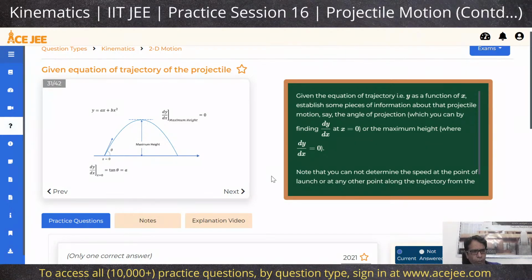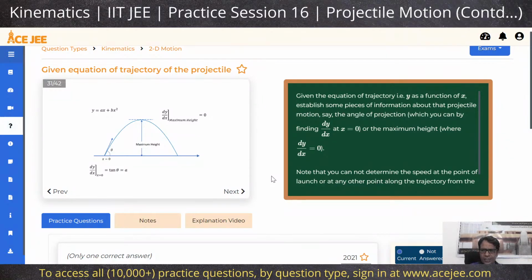Yes, sir. Okay, good. So now you might be given the equation of the trajectory and you might be asked to find the initial velocity, the maximum height, range, and whatnot. So it's walking backwards.